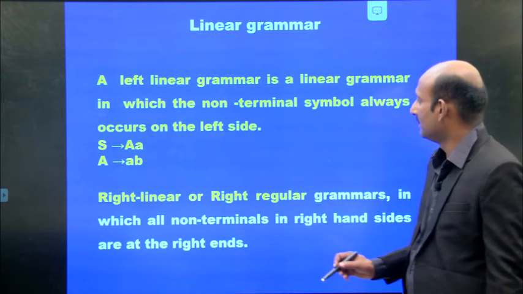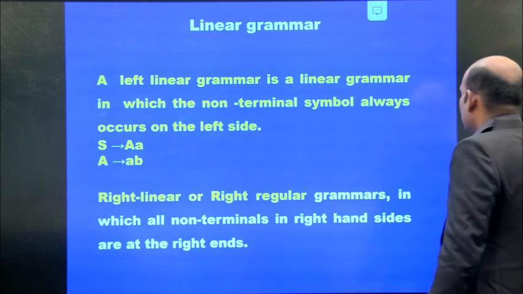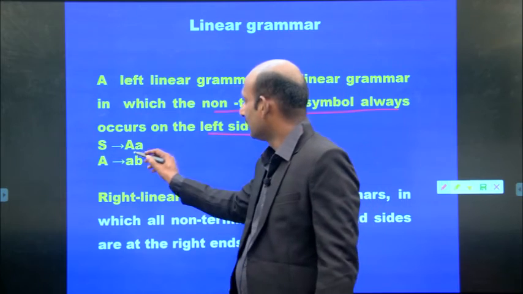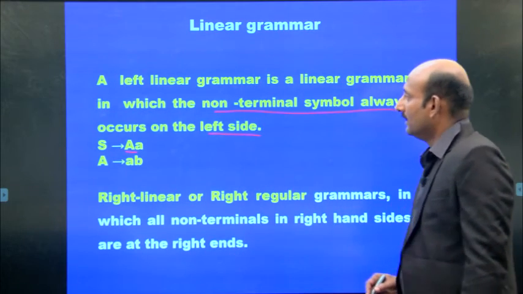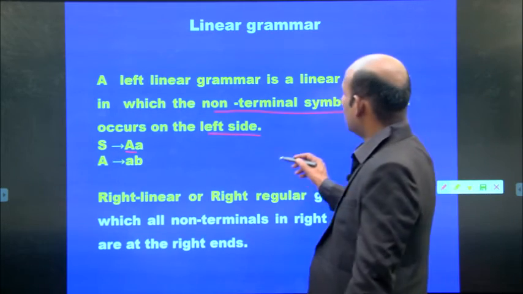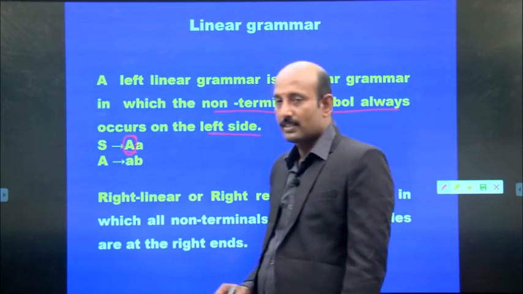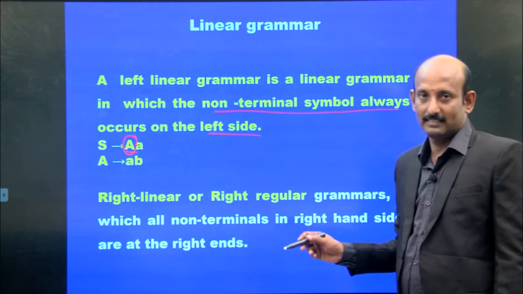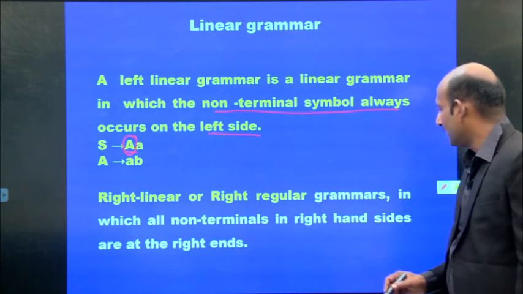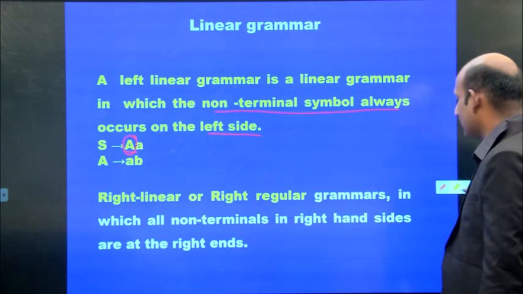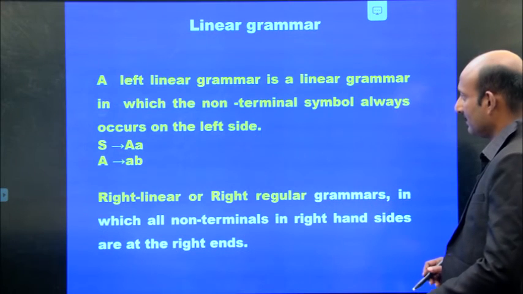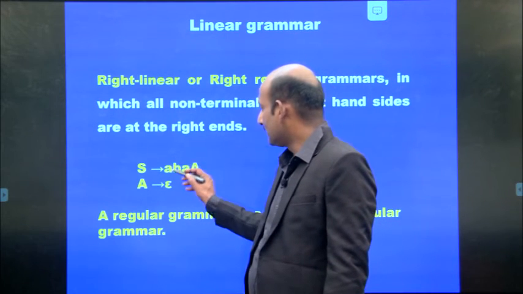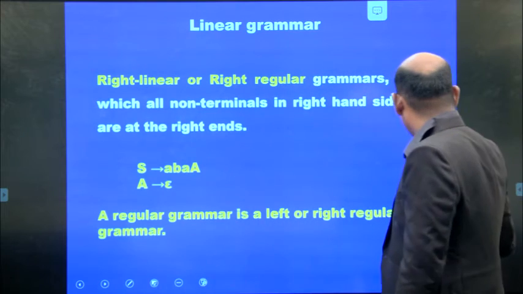So, look at this example, the non-terminal symbols. Non-terminal symbols always occur on the left hand side. Now, it is a left linear because A is a non-terminal which occurs at the beginning, that means first on the right side. Okay. And in right linear grammars, all non-terminals in the right hand side are at the right end. See here for right linear grammar, terminal, terminal, terminal like that.